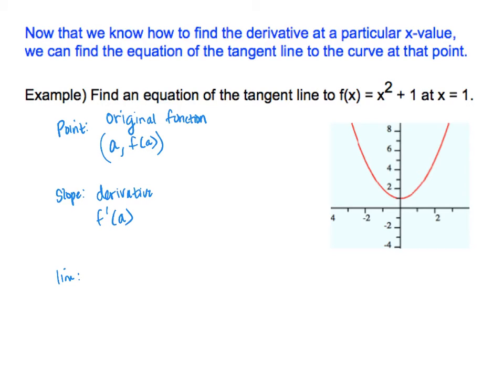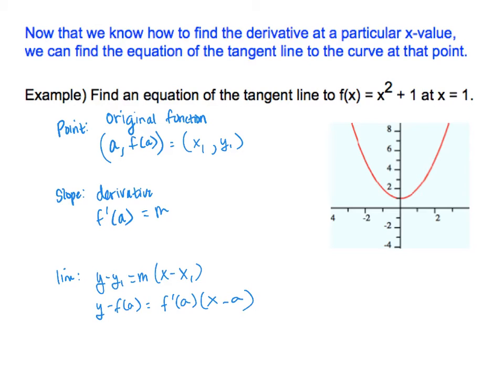And the line is always going to be y minus y1 equals m times x minus x1. Now remember, our derivative is a slope. Our a comma f of a is a point. So I can rewrite my line equation and make it appear like a calculus instead. y minus f of a equals f prime of a times x minus a. Okay, it's saying the same exact thing.